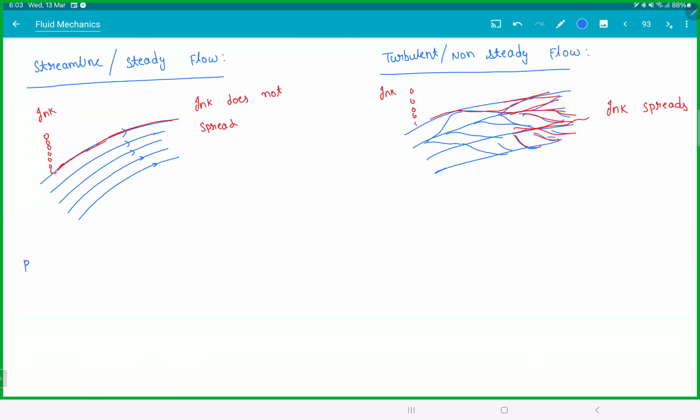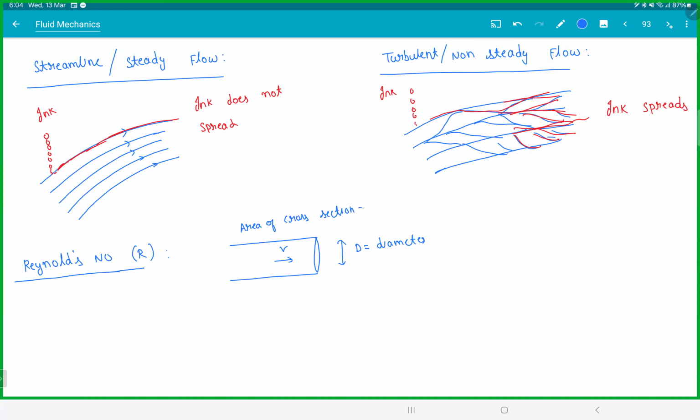Now, who decides whether the flow is steady or turbulent? We have something called the Reynolds number. This is given for a fluid flowing in a pipe, with diameter D, velocity V, and area of cross section A. You don't need area, D is given anyway.